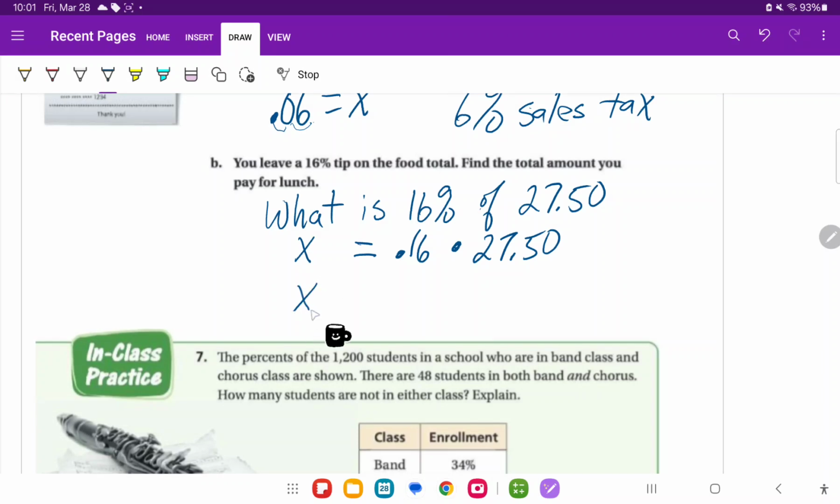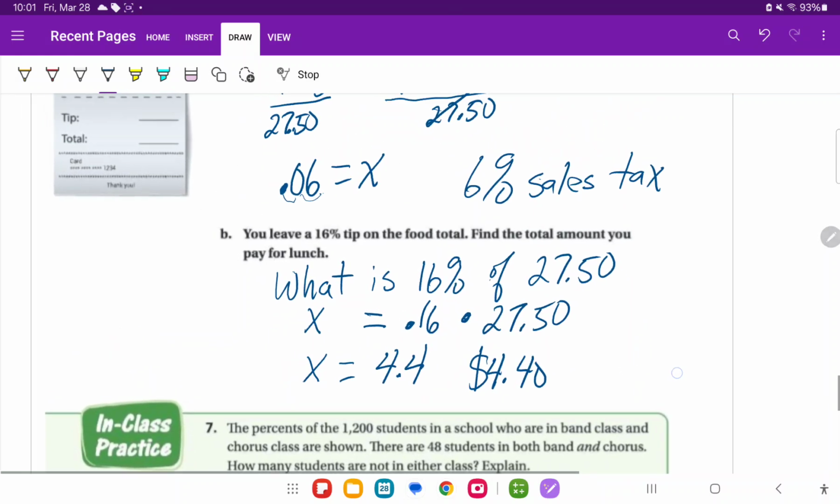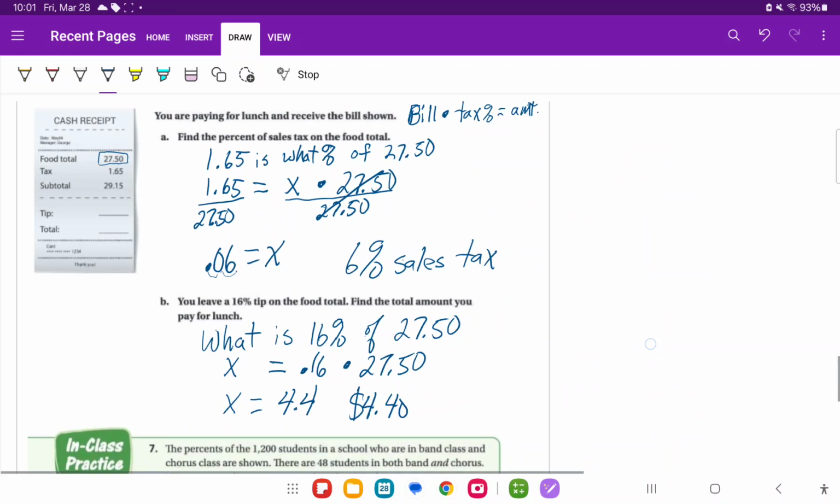So X is equal to 4.4. Now, since we're talking dollars and cents, that is $4.40.